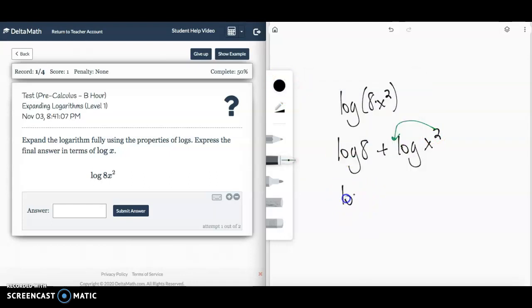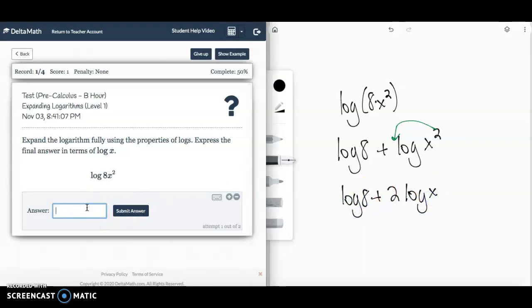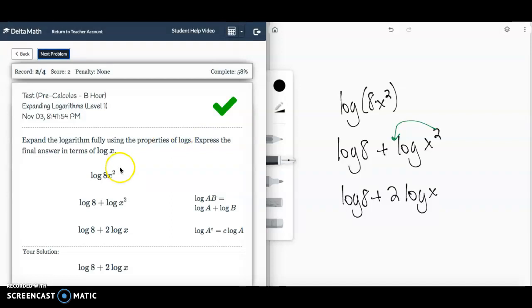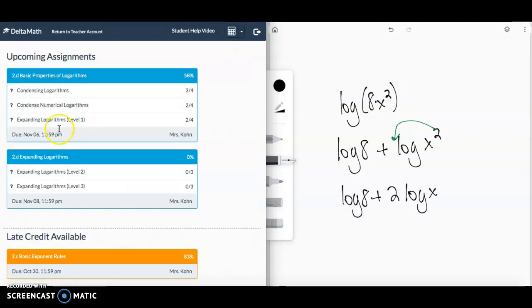So then I'll have log of 8 plus 2 log of x. There we go. So that's how you work through those problems for 2.D, basic properties of logarithms.